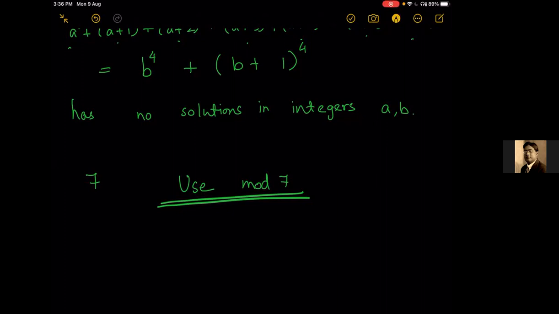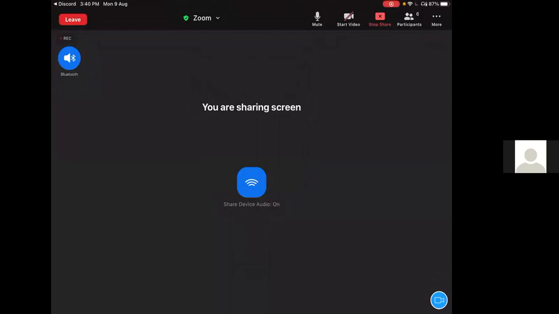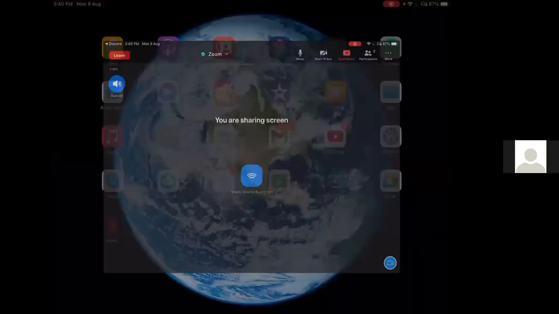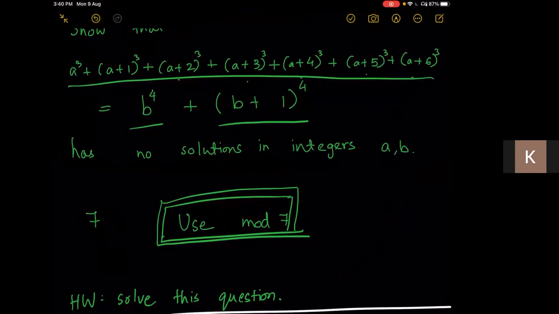So till where did you listen? Still use mod 7. Okay. So what I said is that once you know you have to use mod 7, the question becomes easier.